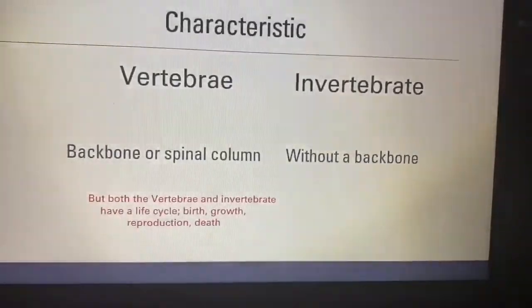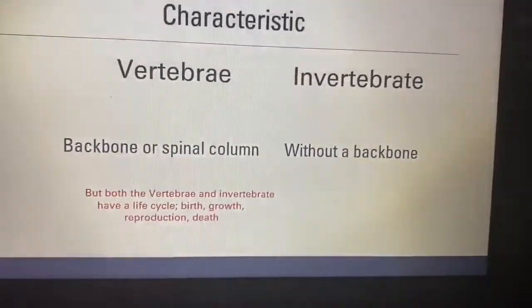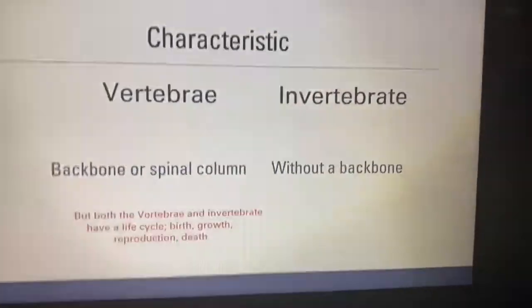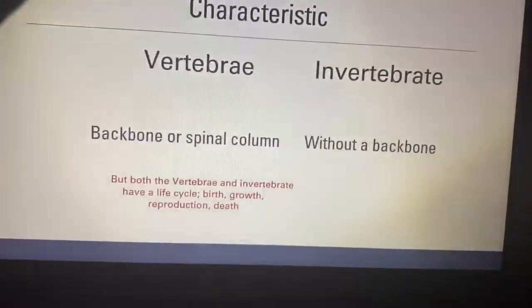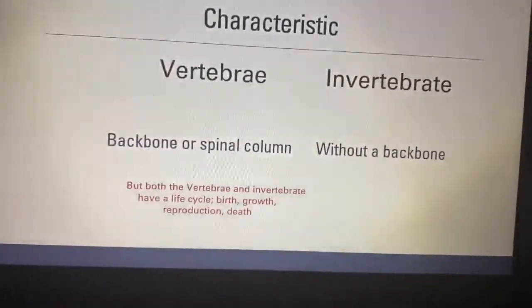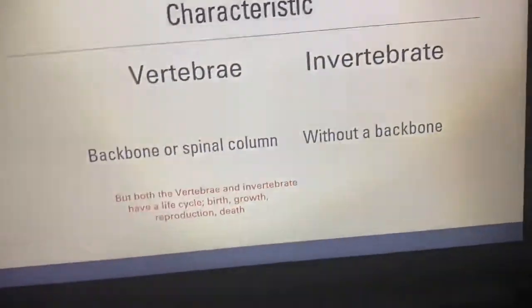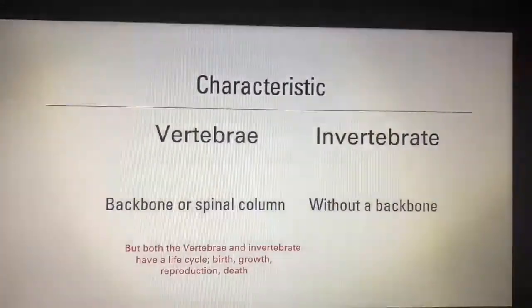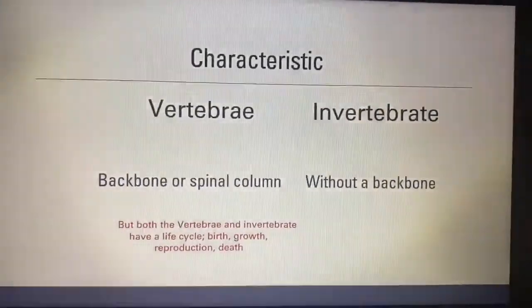What I mean by life cycle is they are born, they grow, they reproduce, and then they die. They all do the same thing when it comes to the life cycle. Studies have shown that there are more invertebrate animals than vertebrate animals here on Earth.